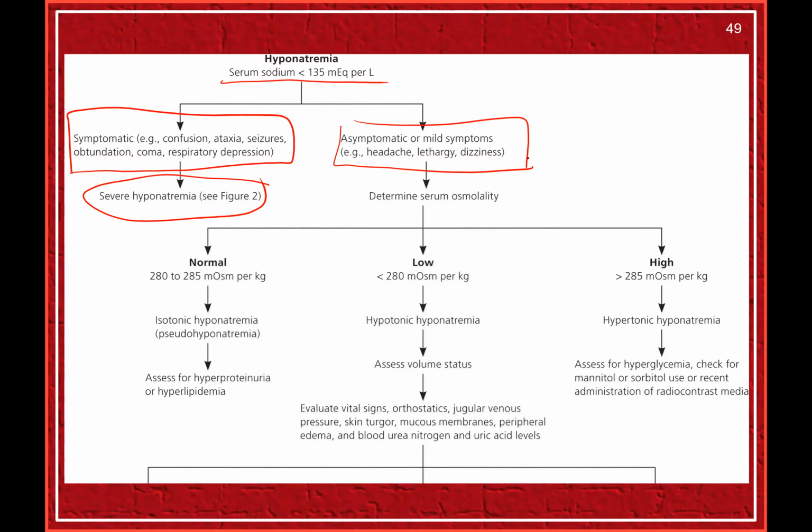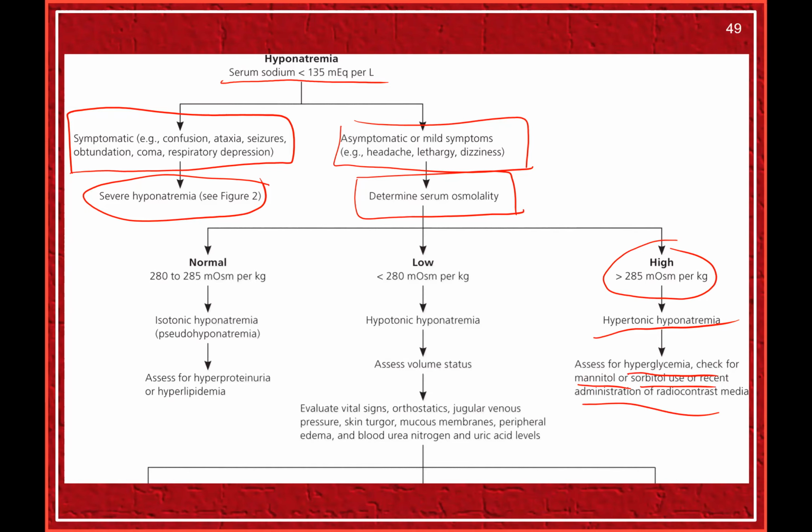As we have told earlier, we look at the serum osmolality. Three things can happen: it is normal, or it is high, or it is low. If it is high, more than 285 milliosmoles per kilogram, we are dealing with hypertonic hyponatremia. The causes are hyperglycemia, mannitol, sorbitol, or radio contrast dyes.